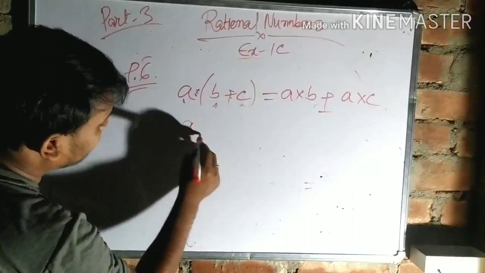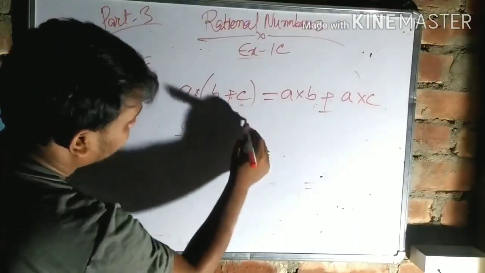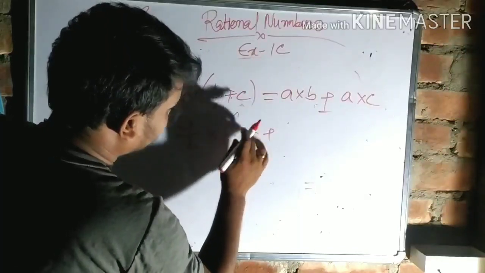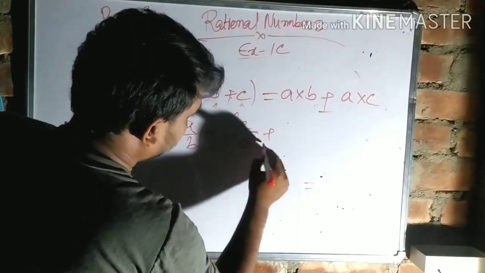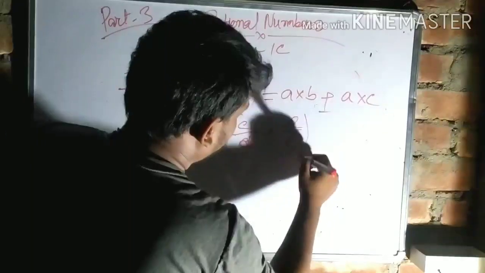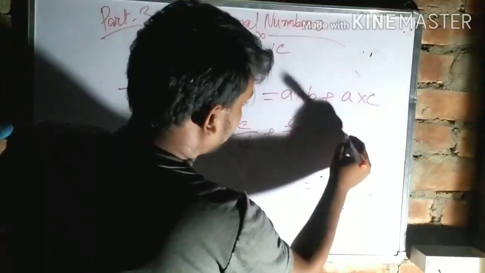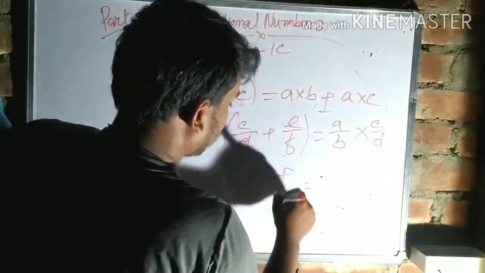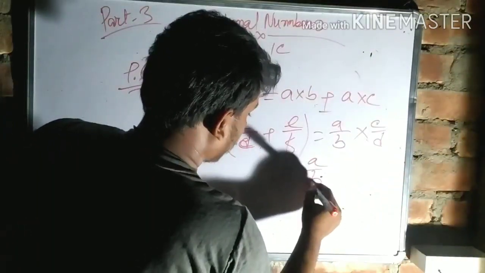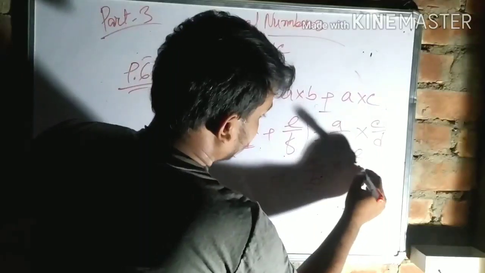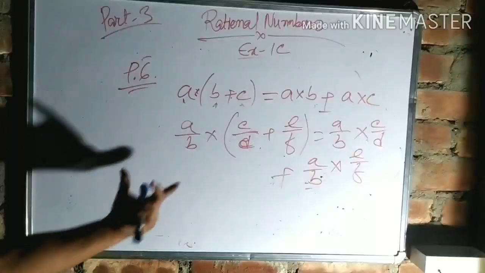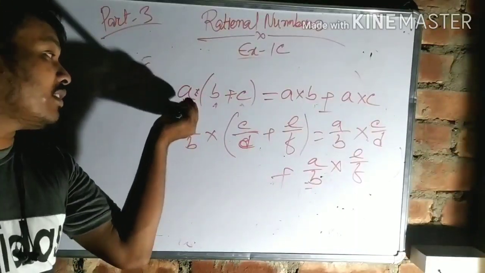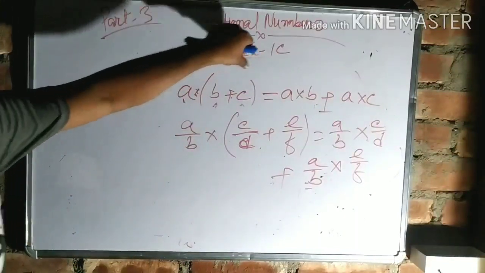If you write in this way, A by B into (C by D plus E by F), then it equals A by B into C by D plus A by B into E by F. Here we take the numbers in the form of rational numbers, and here we tell A, B, C are rational numbers.